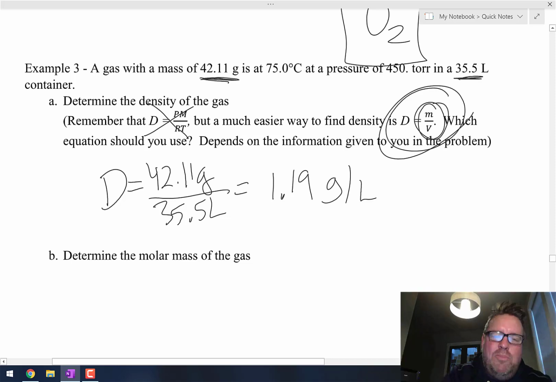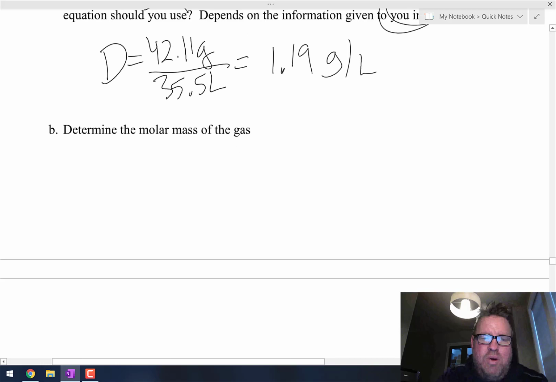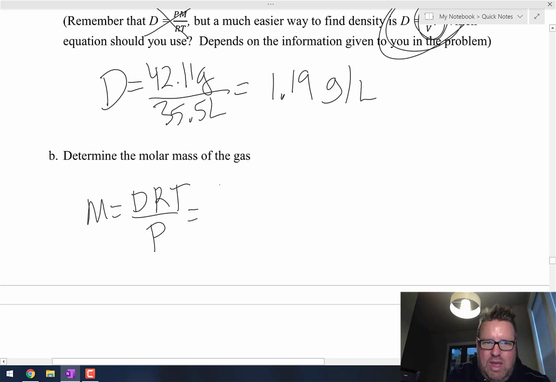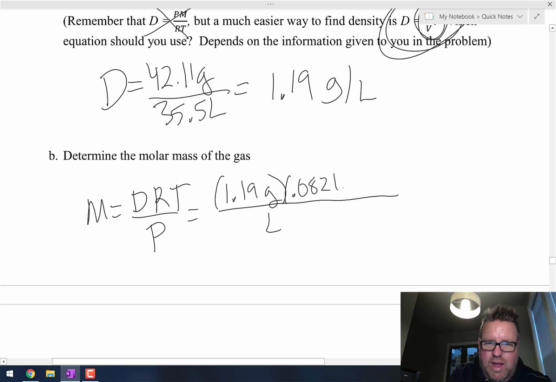And now in part B, they want us to find the molar mass. And for molar mass, you don't have another choice. You have to use this equation, dRT over P. So I'm going to take the density, 1.19 grams over liters, R 0.082 liters atmospheres over Kelvin mole.